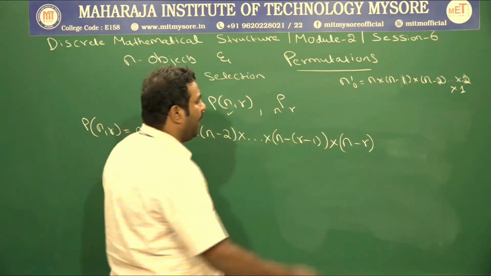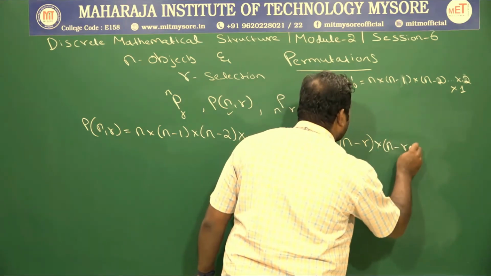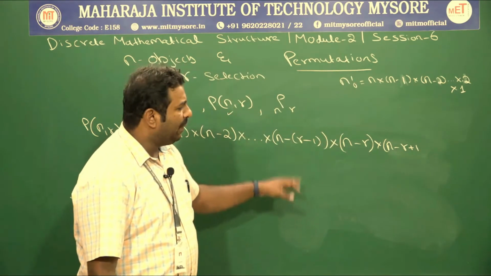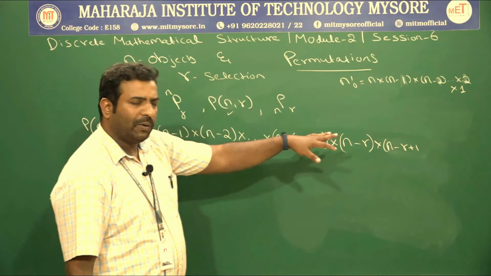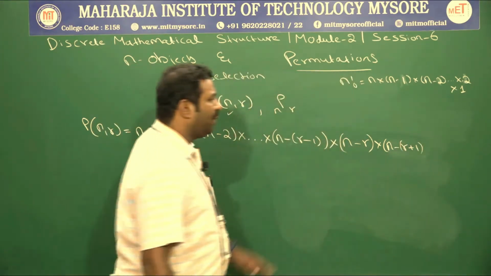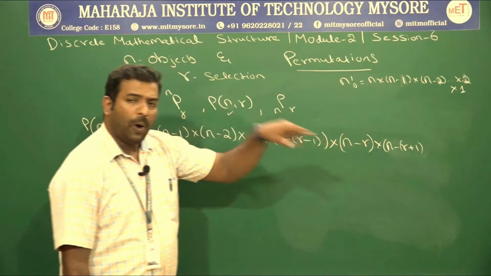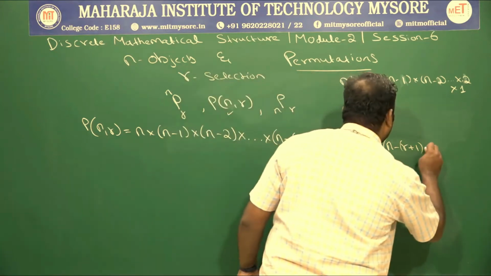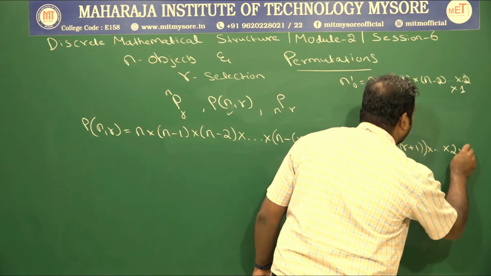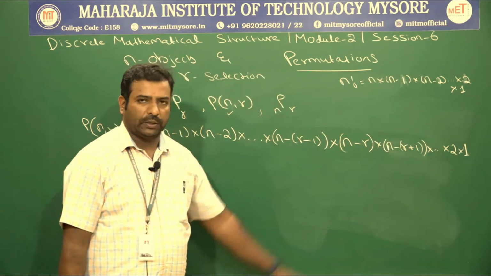Hence I am going to have n minus r into n minus r minus 1, and it will just keep on going, until this reaches 2 into 1.